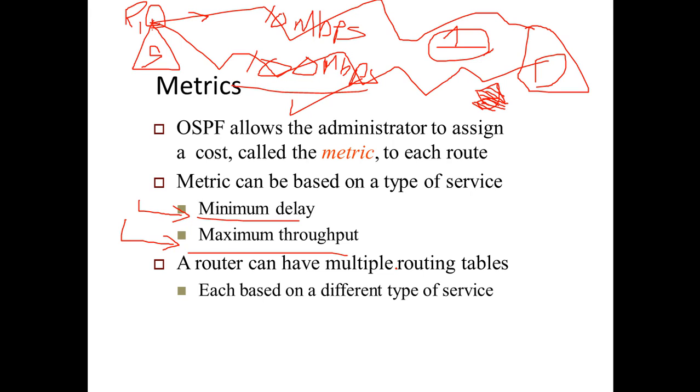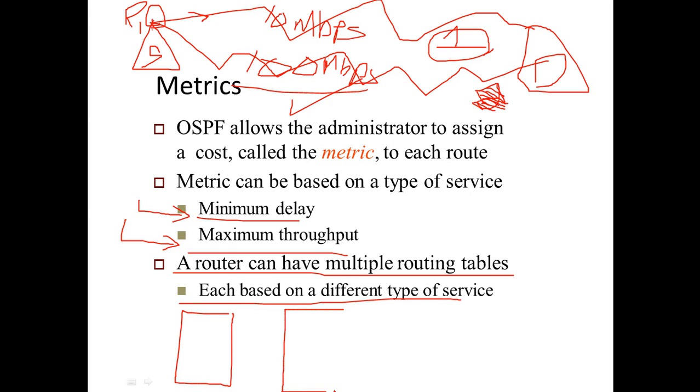A router can have multiple routing tables, and each routing table is based on a different type of service. Let's say this R1 has two routing tables. One is for the minimum delay, and the second one is for maximum throughput.